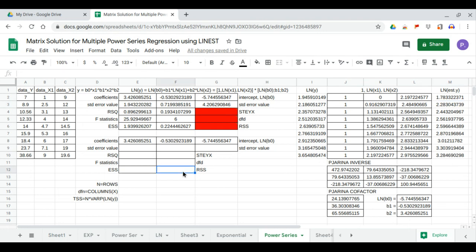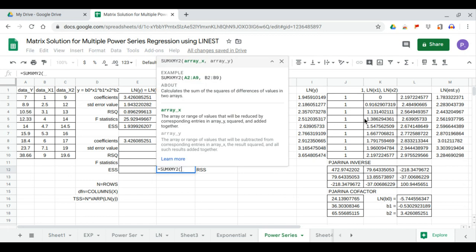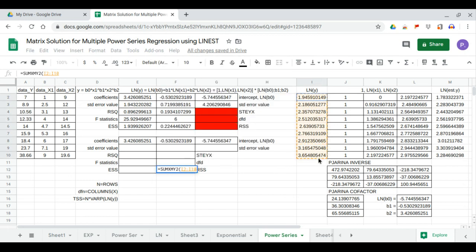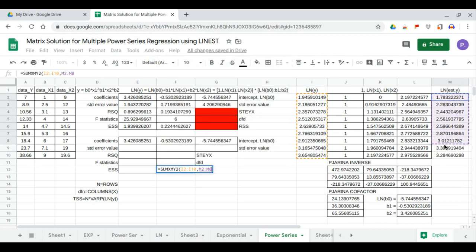We can now calculate the residual sum of squares, which is sum of squares of the difference of y and y hat, or the estimated y values. 0.022444 matches our LINEST output.